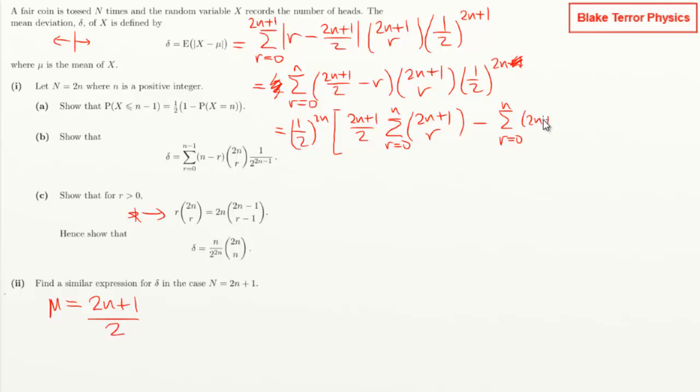So I've got factors of 2n plus 1 kicking around all over the place, which is nice. And then this choose number is going to be 2n plus 1 minus 1, gives me a 2n. And then I'll have an r minus 1, which I've moved up by dropping the limit down, just as we did before. Right, so that's good.